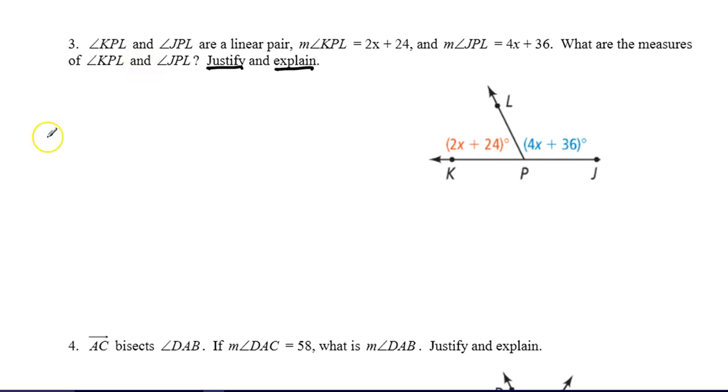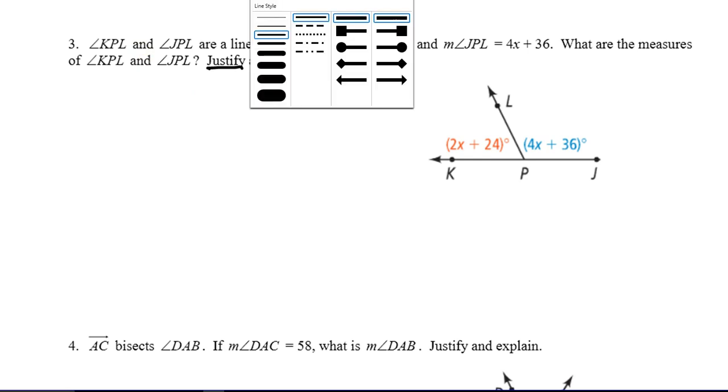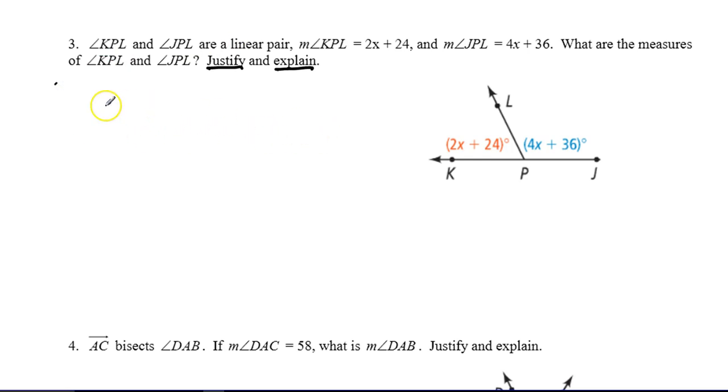This is going to be really helpful for us to get a good grasp on as we go along. All right, so angle KPL and angle JPL are a linear pair. Now that's given to us, okay? So when we hear that word linear pair, we want to think they're supplementary. They add up to 180.